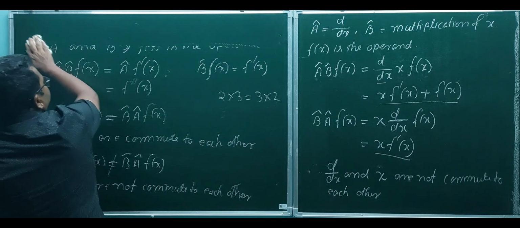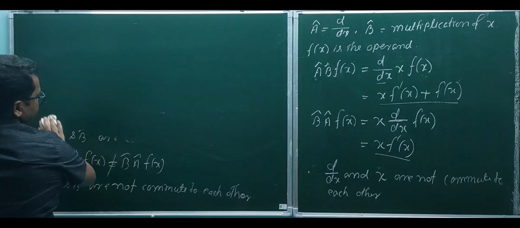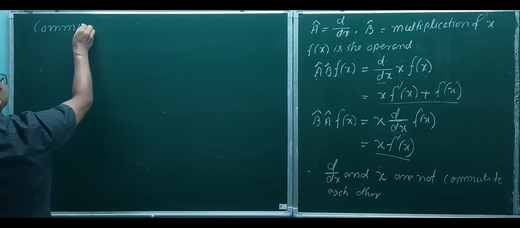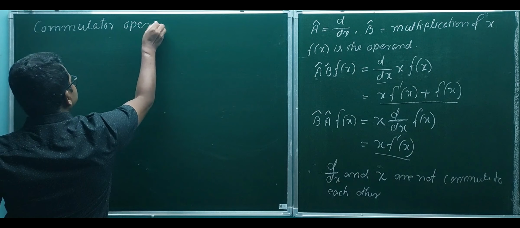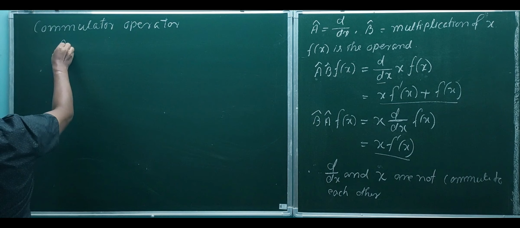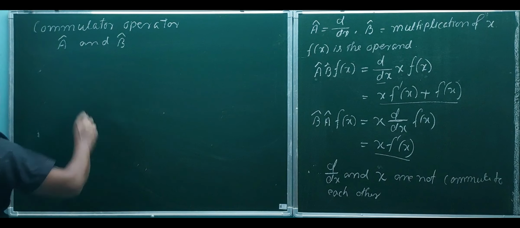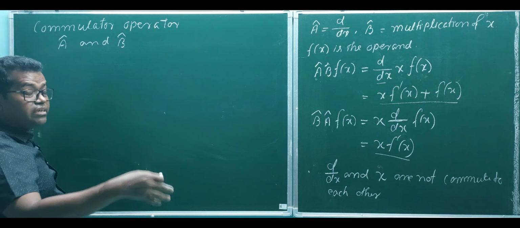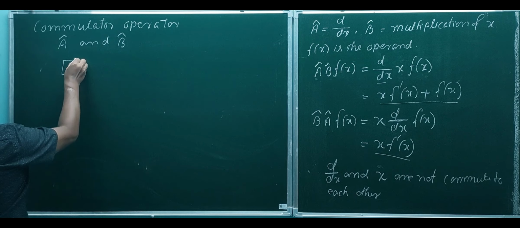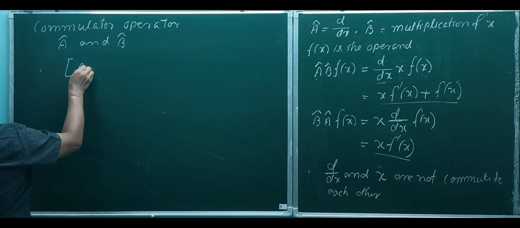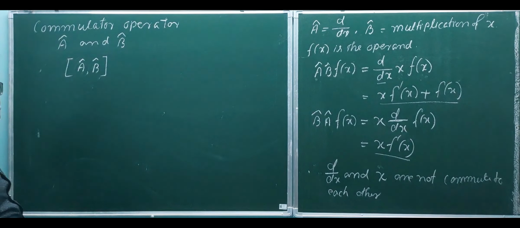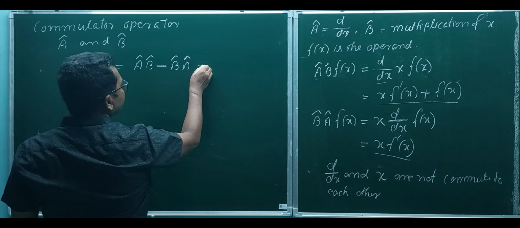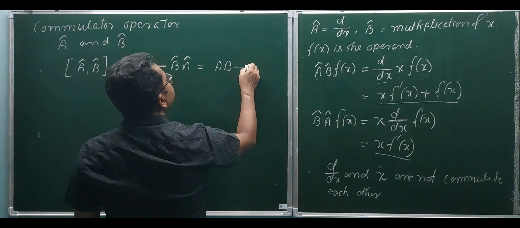Now, a commutator operator. With the help of these two operators, A cap and B cap, we can construct a new operator which is written as A cap comma B cap, which is equal to A cap B cap minus B cap A cap, or simply AB minus BA.